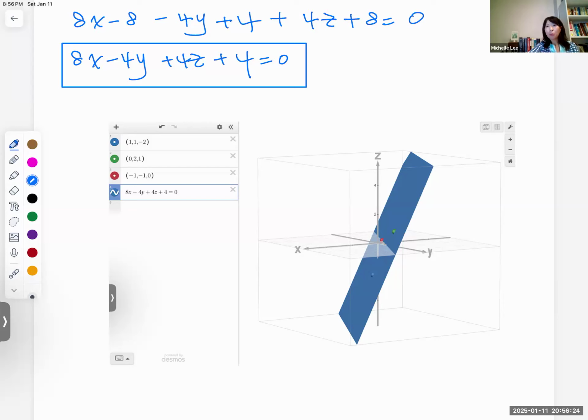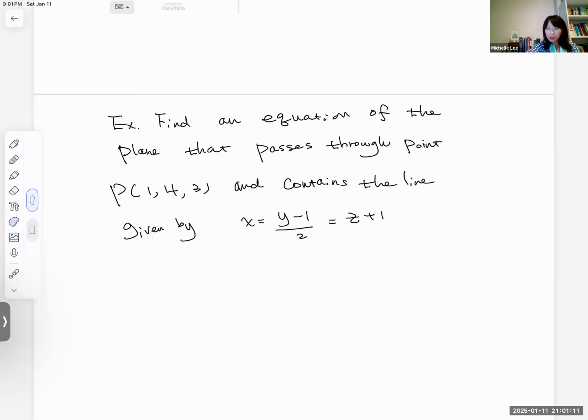And let's do one more problem. Okay, so here is the question. Find the equation of the plane that passes through the point and contains a line, given the symmetric equation, right? Same concept, but we need one more step to find the vectors.